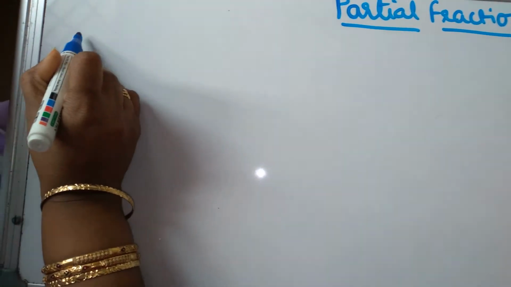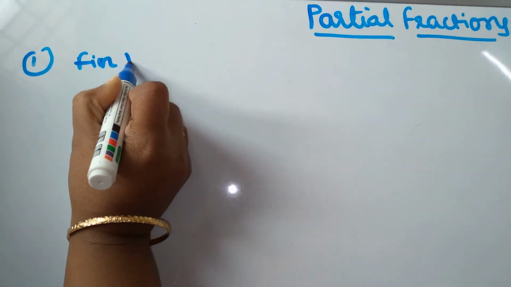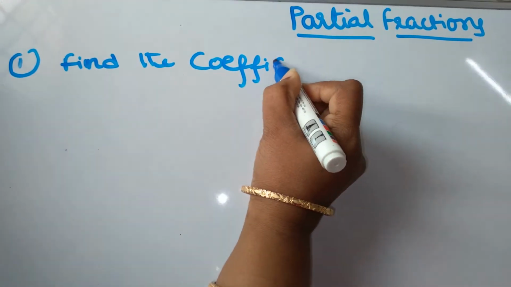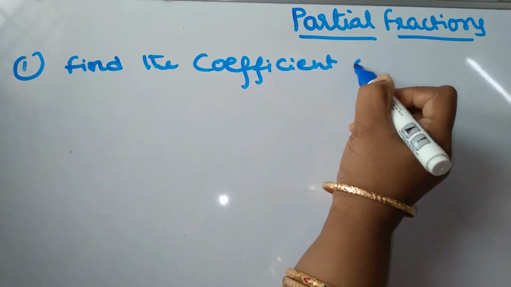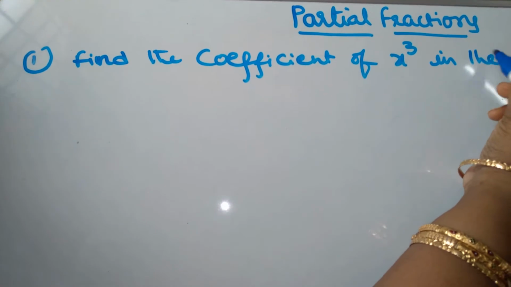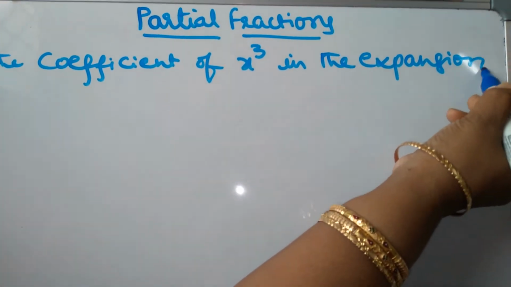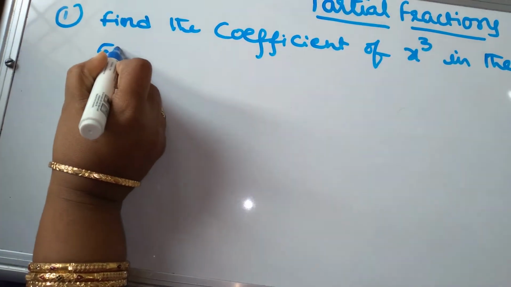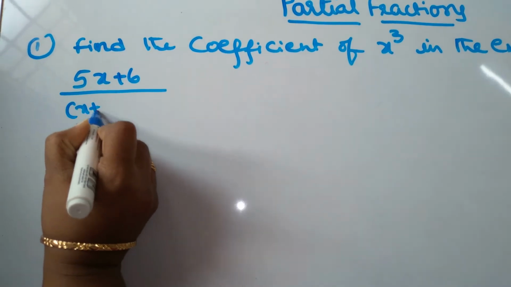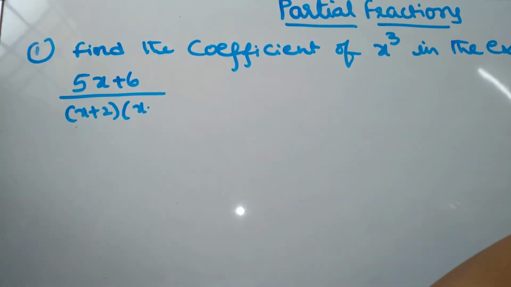The first problem is find the coefficient of x cube in the expansion of (5x plus 6) by (x plus 2) into (1 minus x).